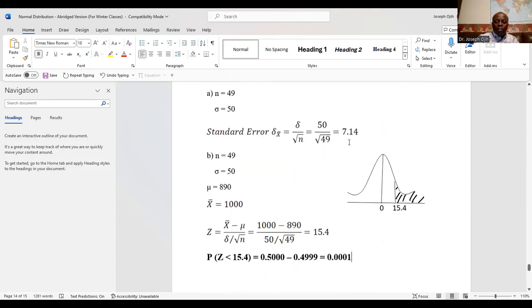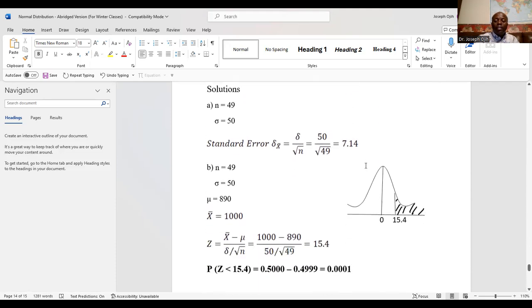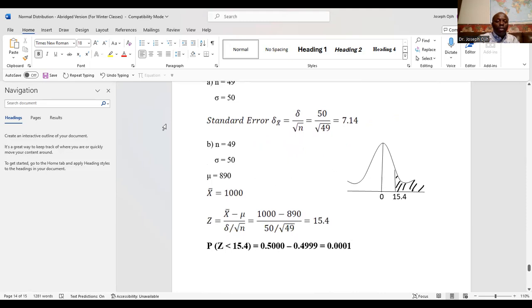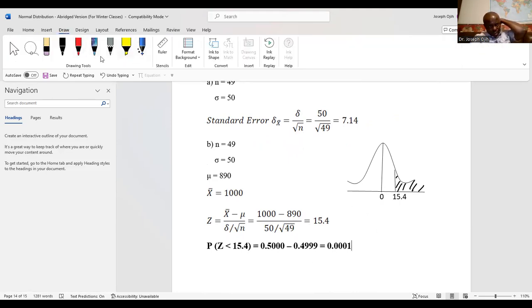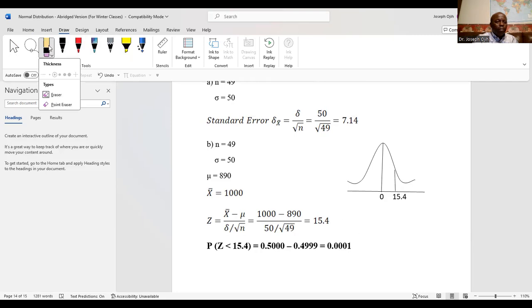So if it's less than, I'm going to shade the right place. Let me get the eraser to erase all this. Now what you're going to do is say less than.